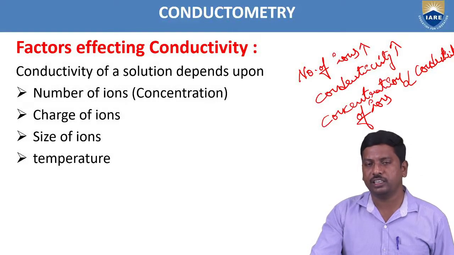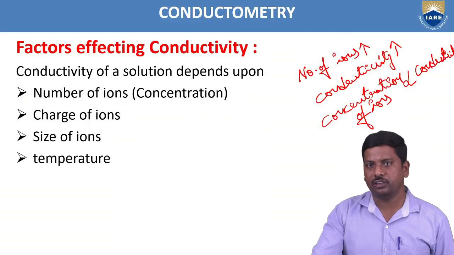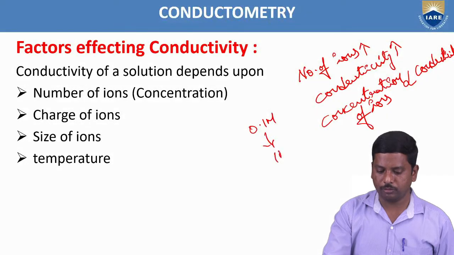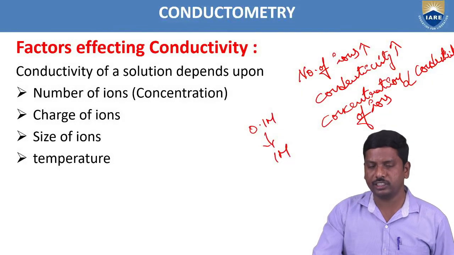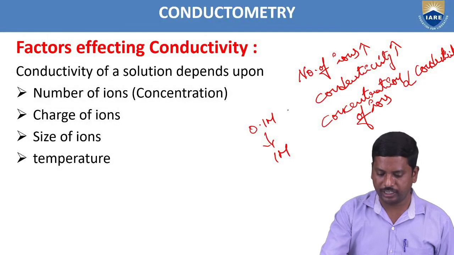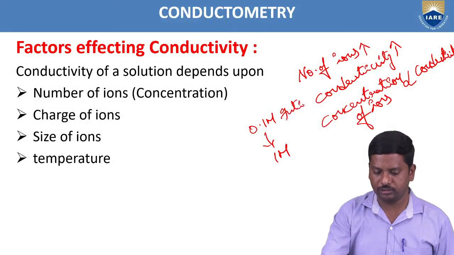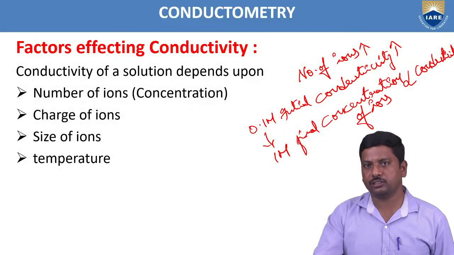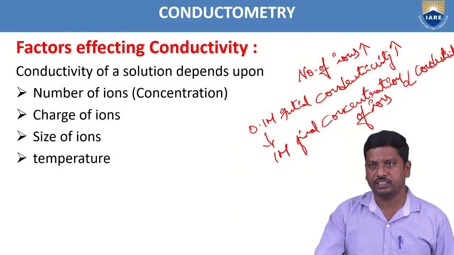For example, take a solution like hydrochloric acid or sodium hydroxide, a strong acid and a strong base. When the concentration increases from 0.1 molar to 1 molar, that is 10 times from initial to final, the number of ions in the total solution automatically increases. So when the concentration increases, conductivity also increases.